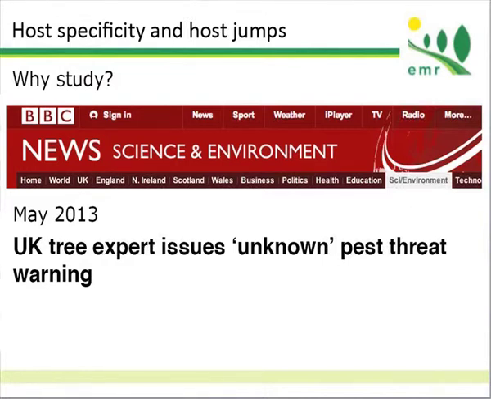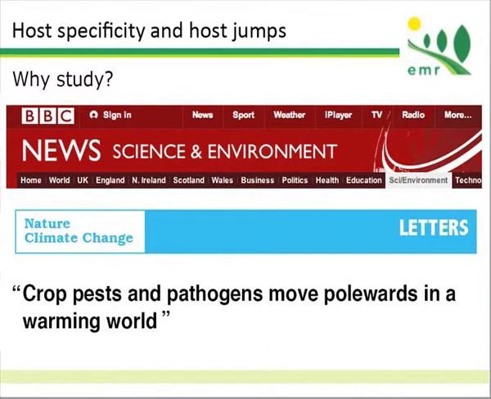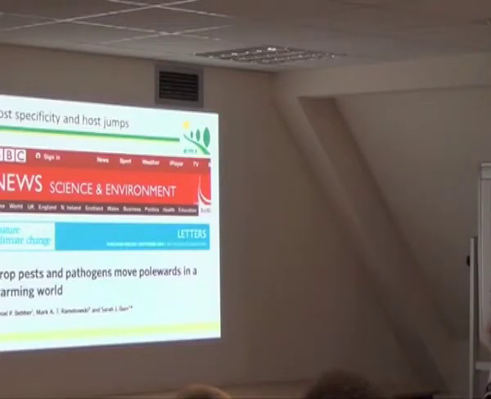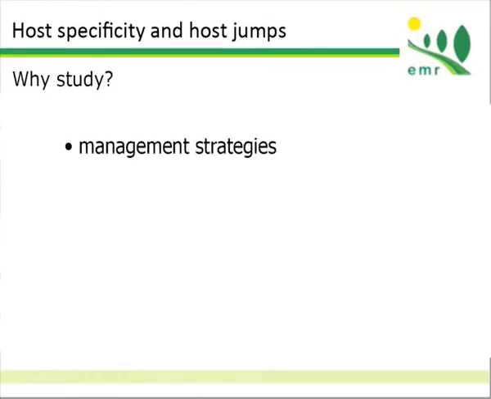With global warming, the movement of crop pests and pathogens towards the poles and increasing global trade of plant material is increasingly exposing pathogens to new environments and new hosts, which may drive the emergence of new diseases and evolution of pathogen host range. By studying host specificity and learning more about it, we may be able to find management strategies which will prevent this rapid evolution, as well as potentially be able to predict new hosts for a pathogen.